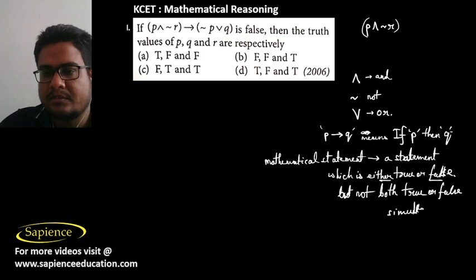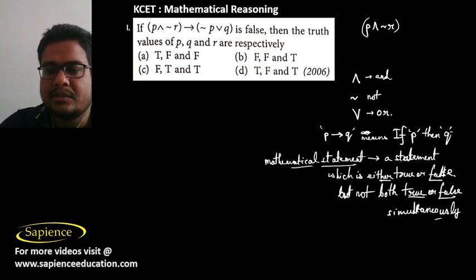So if a statement is either true or false, then only it is a mathematical statement, and if it is both true and false at the same time, then we will say that it is not a mathematical statement. So here P and Q are some mathematical statements.